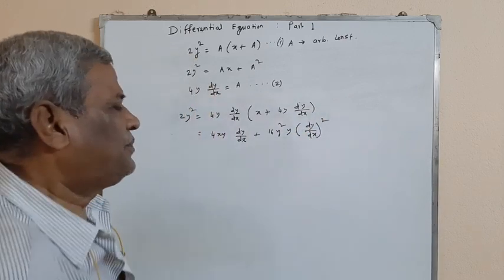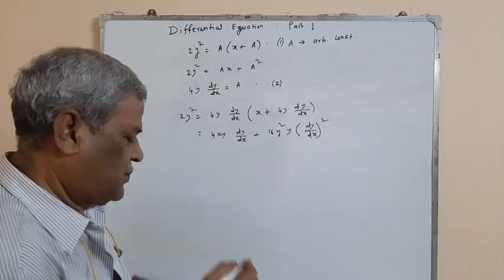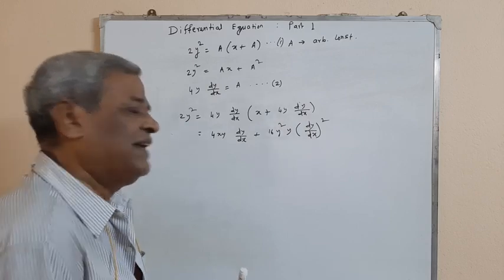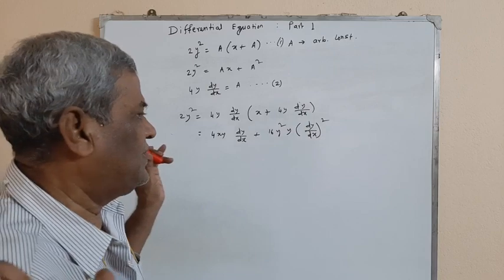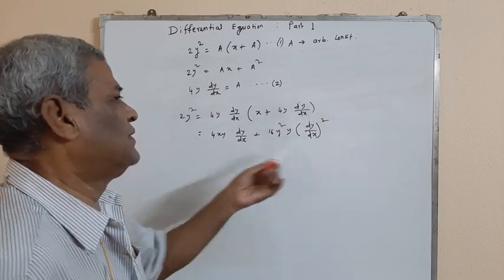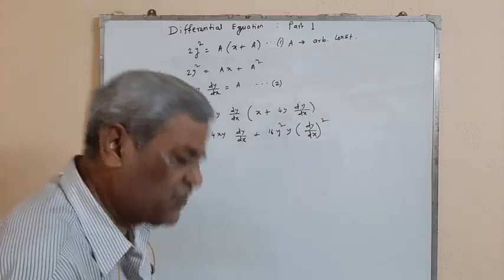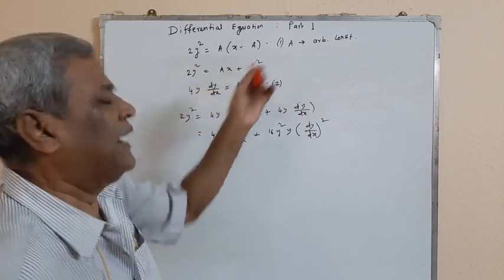Now this becomes a relation between x, y and the derivative, and no arbitrary constant is present. So this is the differential equation corresponding to that.